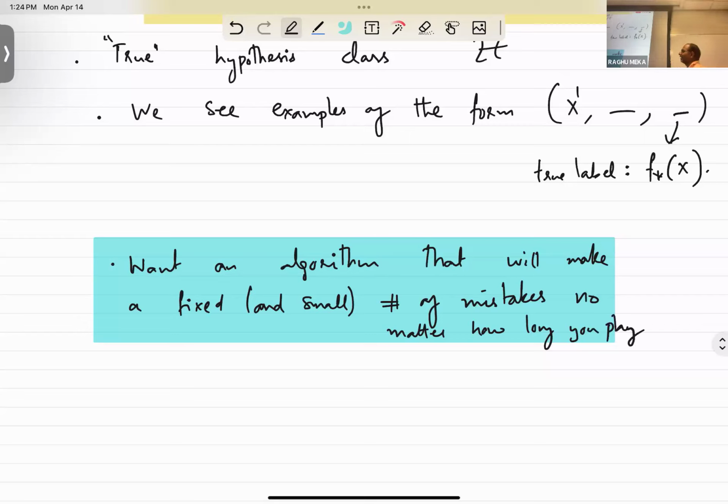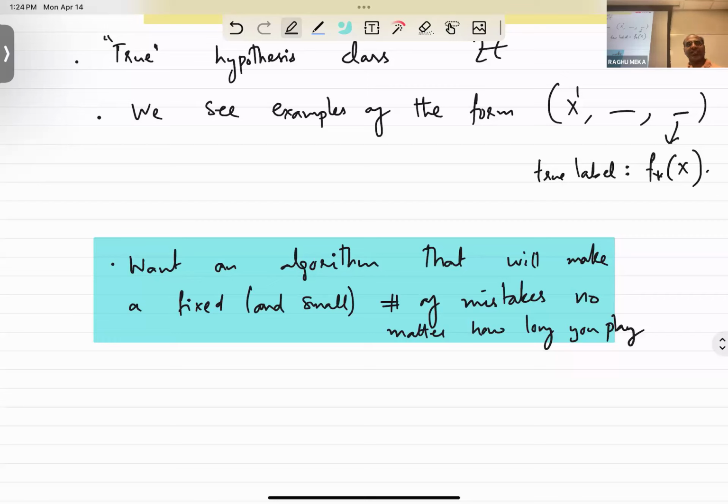No matter how many days you play, I'm only going to make 10 mistakes. That's the guarantee that I want. It's a very strong and pleasing guarantee. You cannot hope to do this in many situations, but when you can, it's a great guarantee.